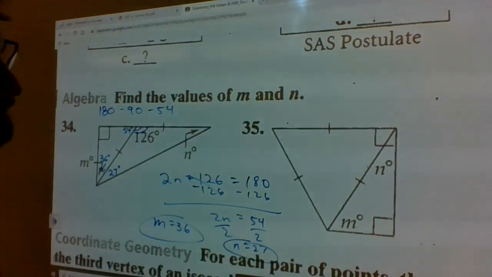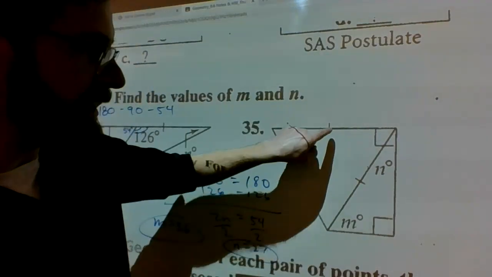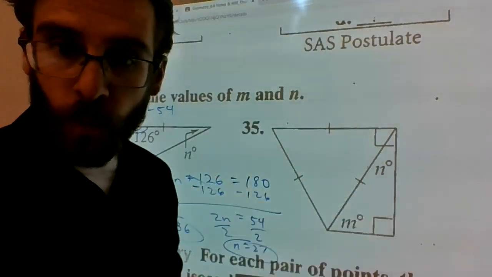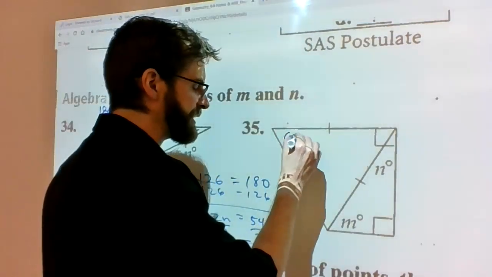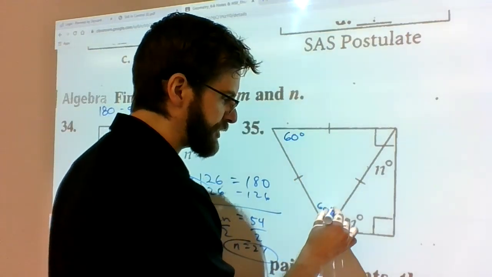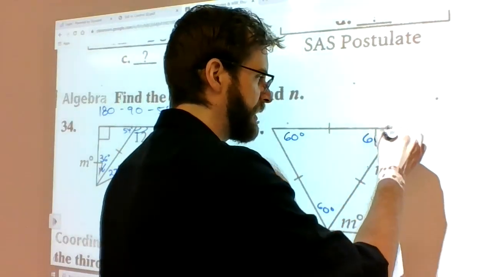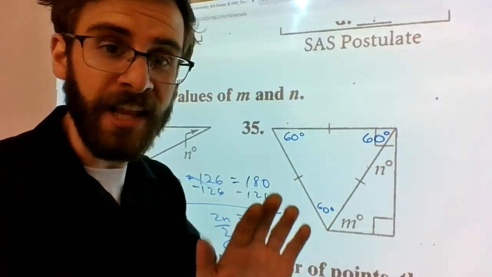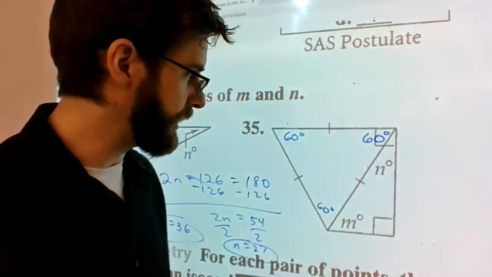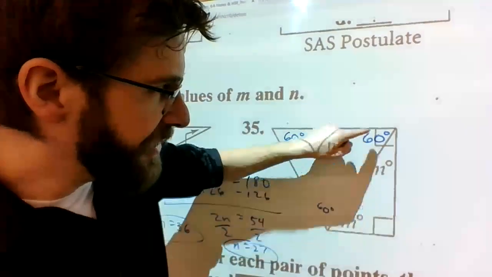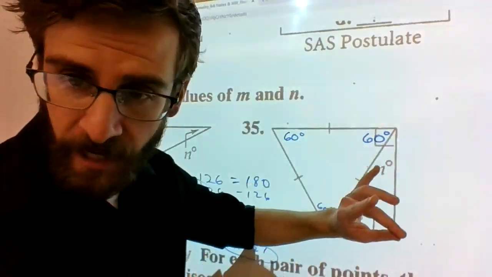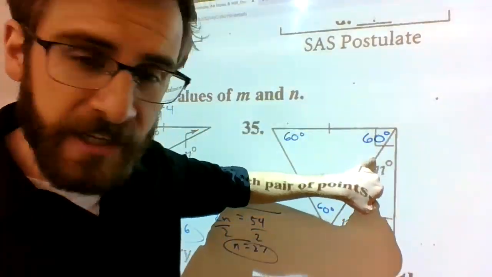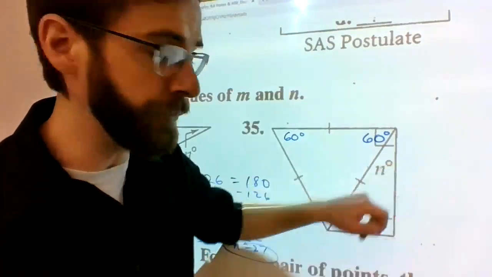Check 35. Equilateral triangle thrown at us. We know right away it's a 60-degree measure here, a 60-degree measure here, and a 60-degree measure there. Always, every equilateral triangle has 3 60-degree angles, which means this right angle got split up into 60 degrees plus 30 degrees.